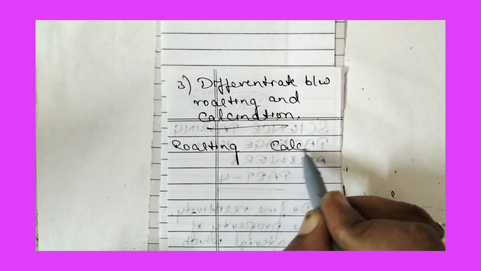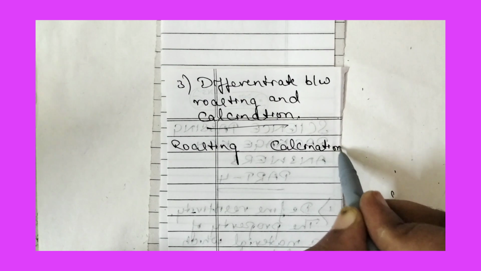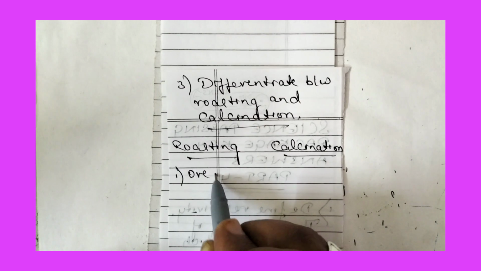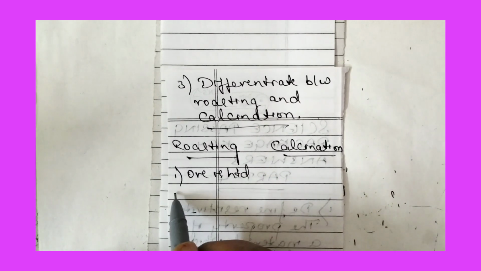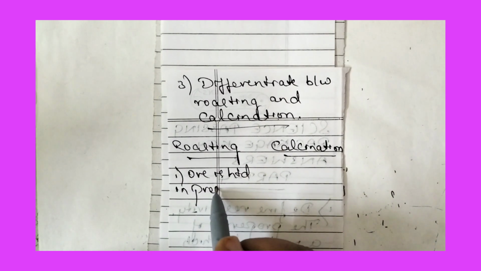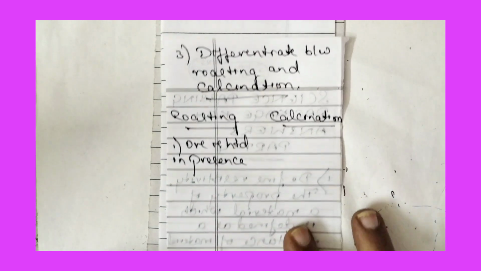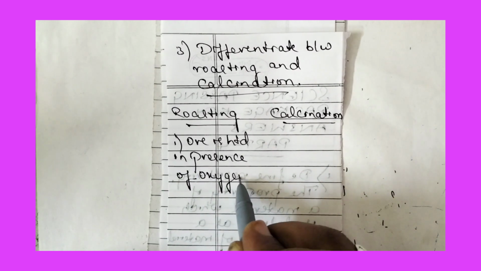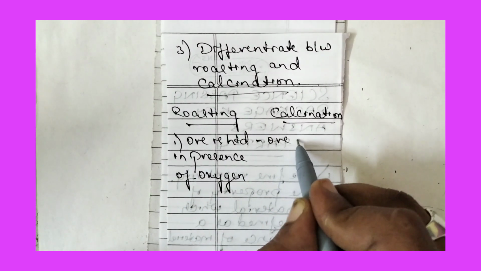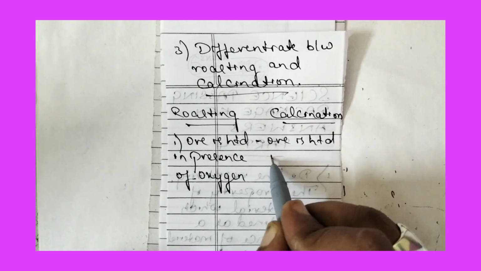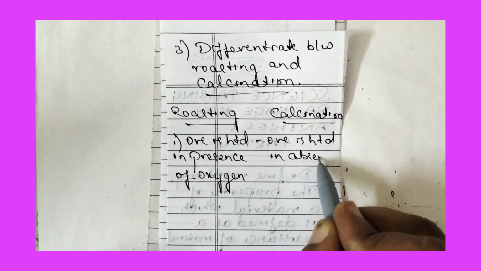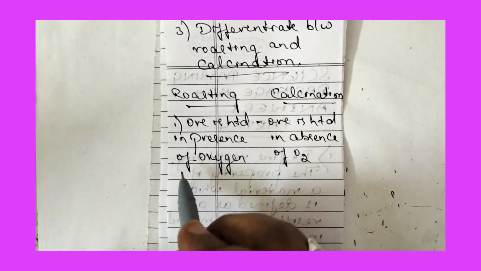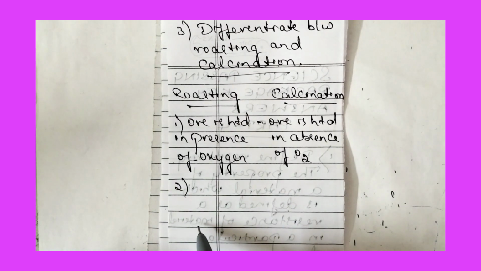In roasting, ore is heated in presence of oxygen. In calcination, ore is heated in absence of oxygen. This is the first difference between roasting and calcination.